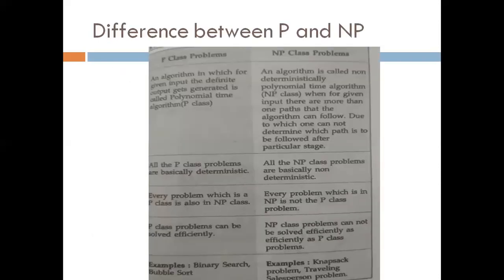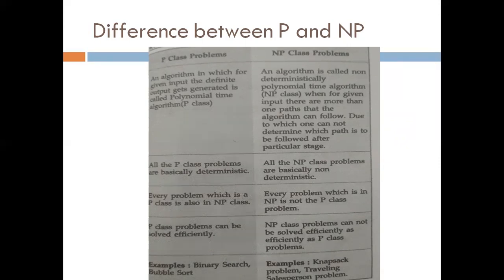So here is the difference between P and NP class problems. An algorithm in which for a given input a definite output gets generated is called a polynomial time algorithm, and an algorithm is called a non-deterministic polynomial time algorithm when for a given input there is more than one path that the algorithm can follow. All P class problems are basically deterministic; all NP class problems are basically non-deterministic.